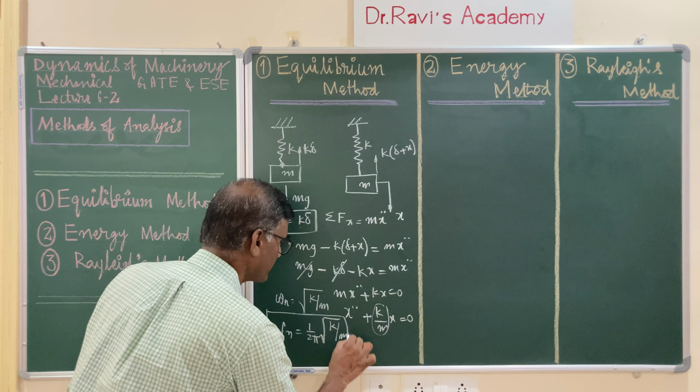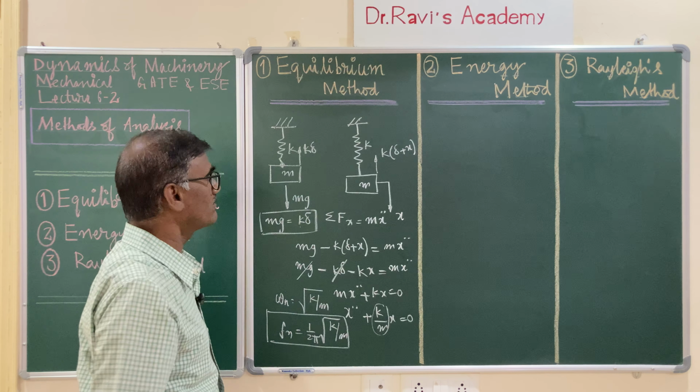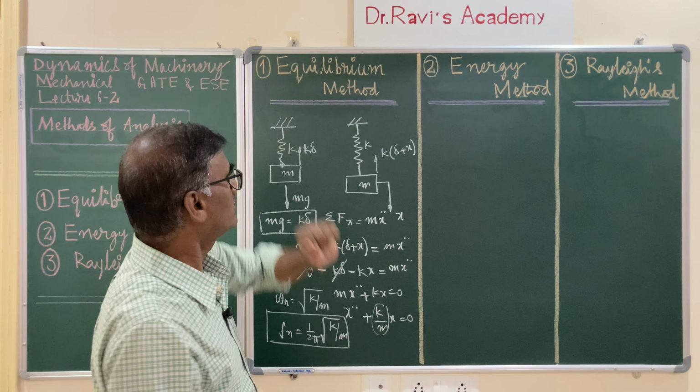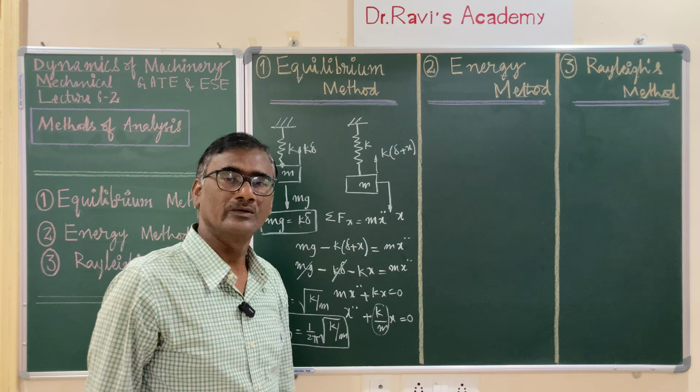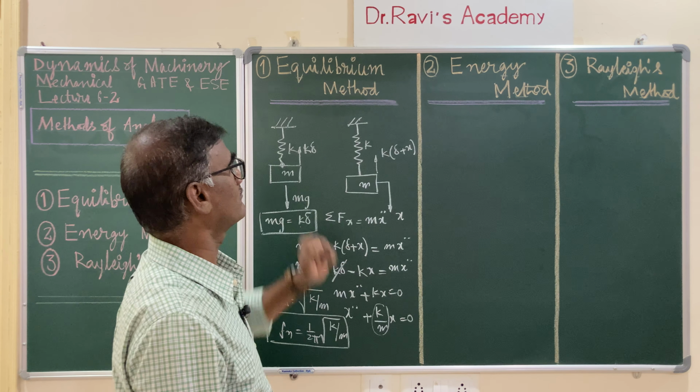So this is the natural frequency of the spring mass system by equilibrium method, that is dynamic equilibrium.